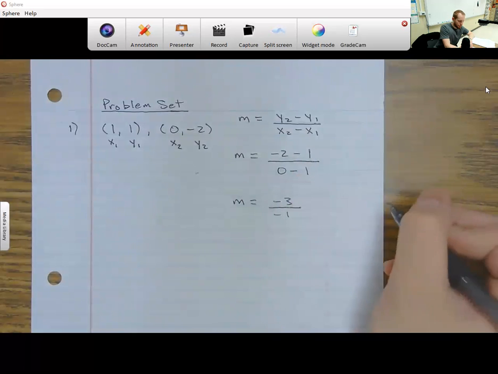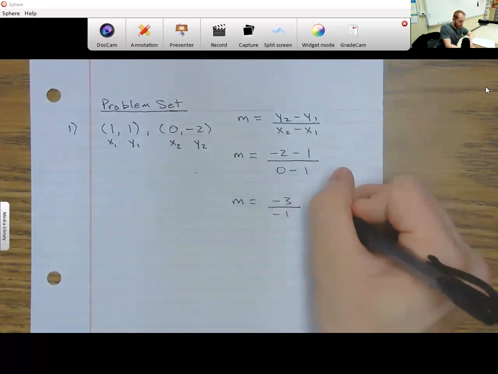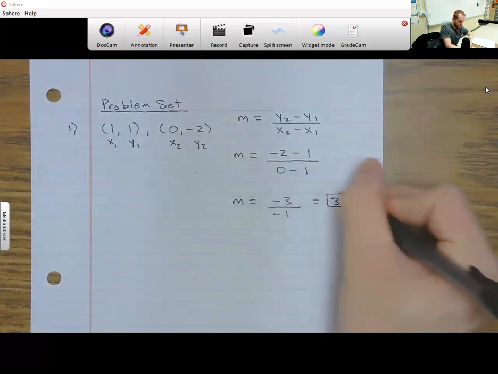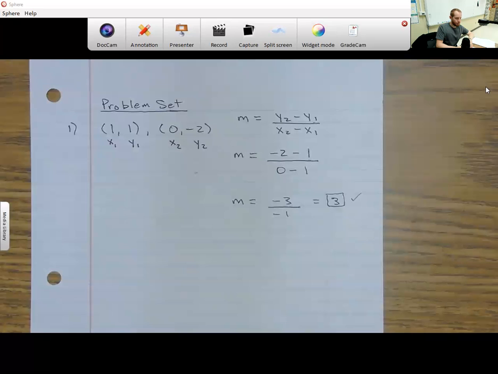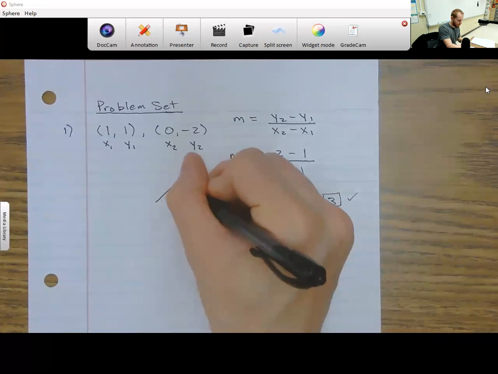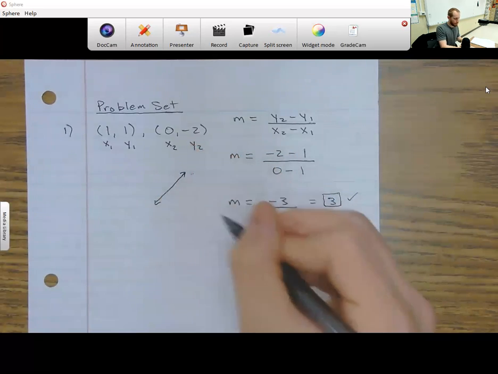So I've got -3 divided by -1, and that's going to give me +3. So that's going to be the slope. So if my slope is 3, that means my slope is going to be positive. So I'm going to have a line that looks kind of like this. It's going to be going up from left to right.